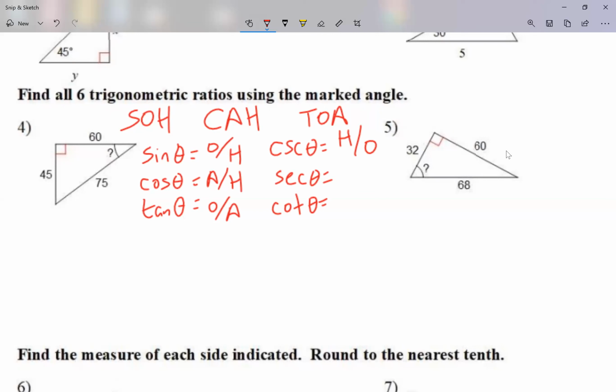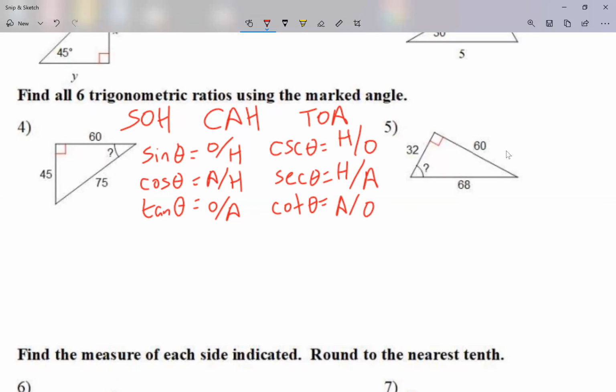Secant, if you look at the letters S-E-C, looks like C-O-S backwards. Secant is the reciprocal of cosine. Cosine was adjacent over hypotenuse, so secant is hypotenuse over adjacent. And cotangent is the reciprocal of tangent. Tangent was opposite over adjacent, so cotangent is adjacent over opposite.